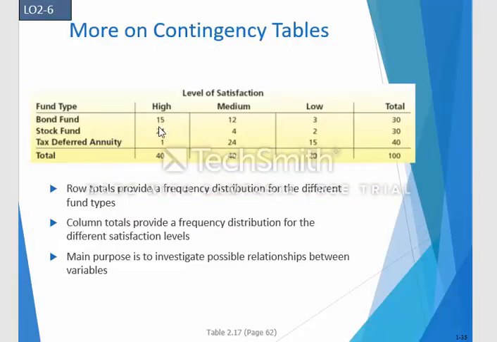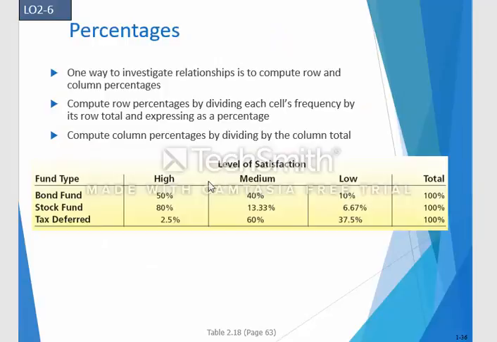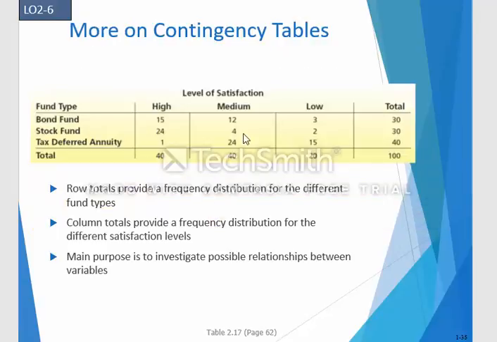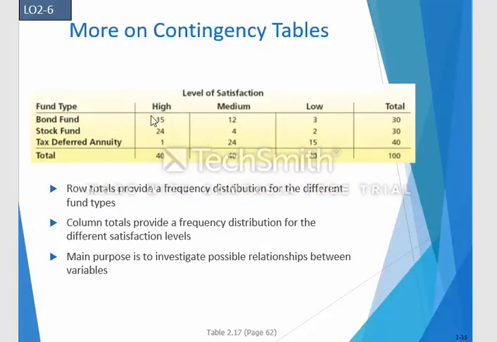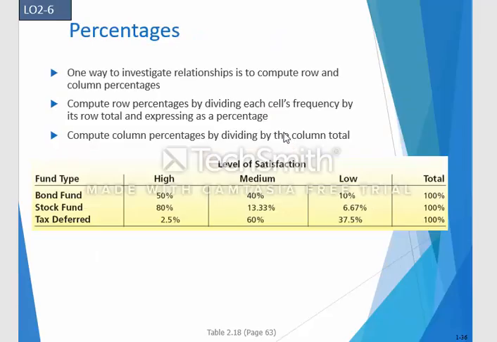So if we're looking at bond fund, we have 15 divided by 30 gives us 50%. 12 divided by 30 gives us 40%, so on and so forth. And that's how you do that. So you just take the number that's in this cell divided by the row total. And you could do this similarly for the columns.